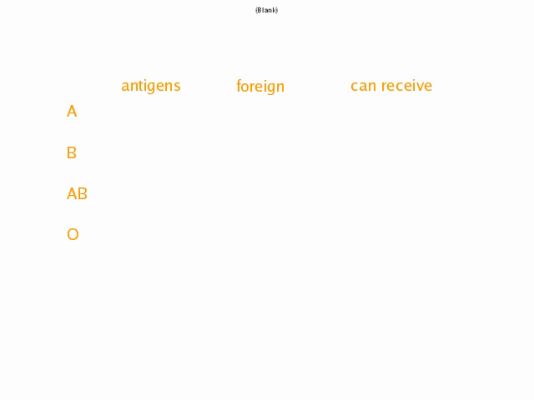A person with type A blood, so they can receive... their body thinks B is foreign, because type B blood has the B antigen.